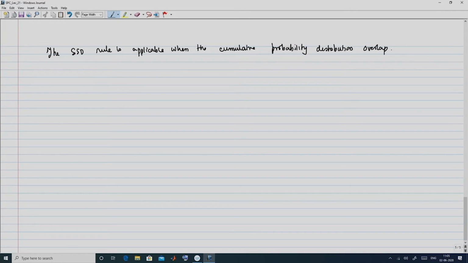Remember that the reason why we moved on to second order stochastic dominance by adding the condition of u double prime being less than 0 is that first order stochastic dominance cannot be applied whenever the cumulative probability distributions overlap or cross each other.